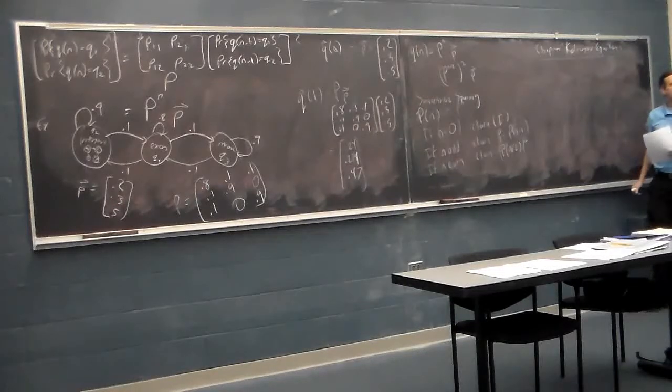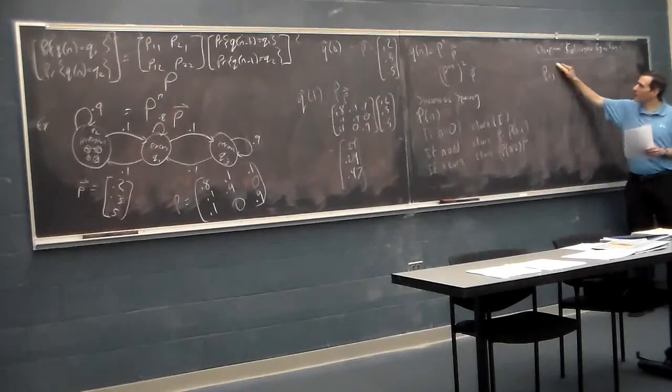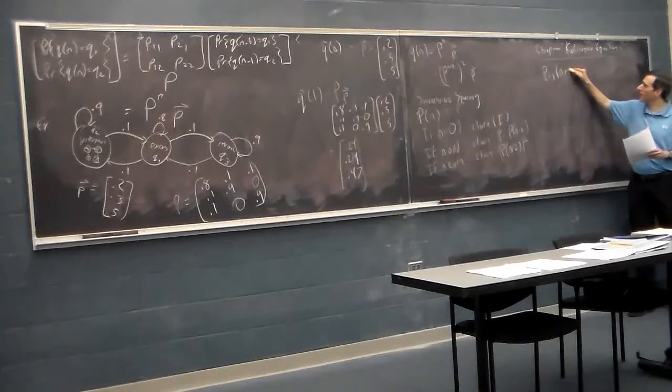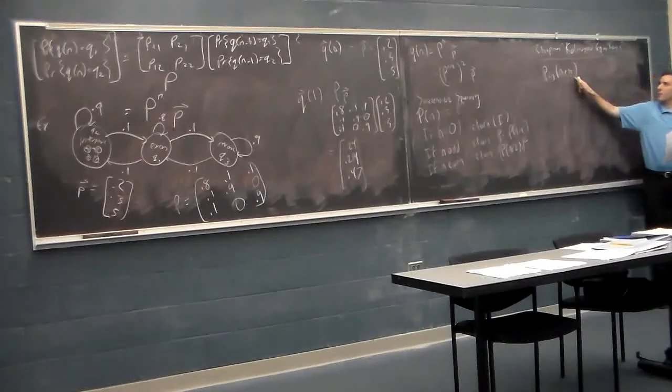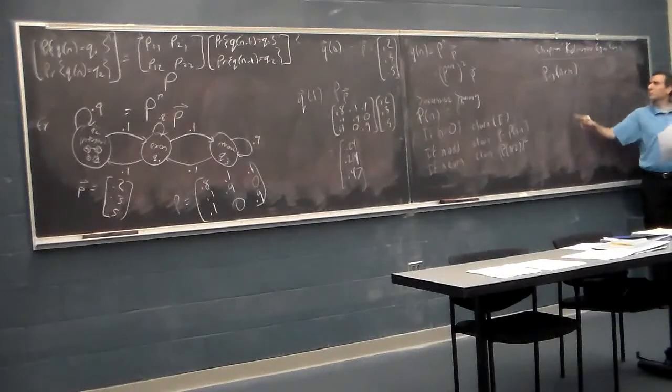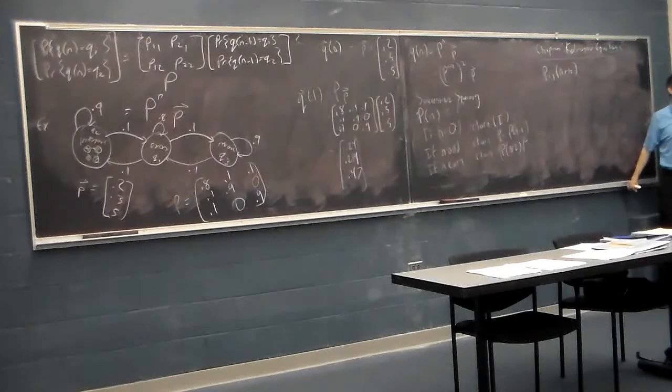And what the Chapman-Kolmogorov equation says is there's a way of computing the value p sub ij of n plus m. I have to explain what this means. So p sub ij, where we're parameterizing it by an integer here, means the probability of going from state i to state j in exactly n plus m steps.